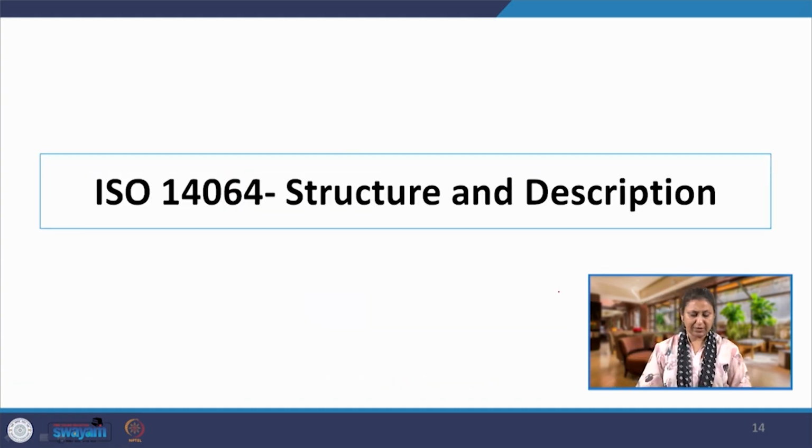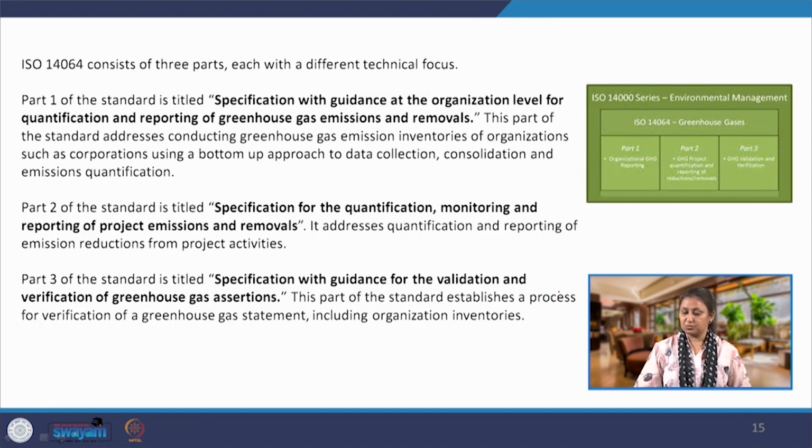So, let us quickly understand the structure and description of ISO 14064. It has three standard parts. Part 1 deals with guidance at the organization level for quantification and reporting of greenhouse gas emissions and removals.